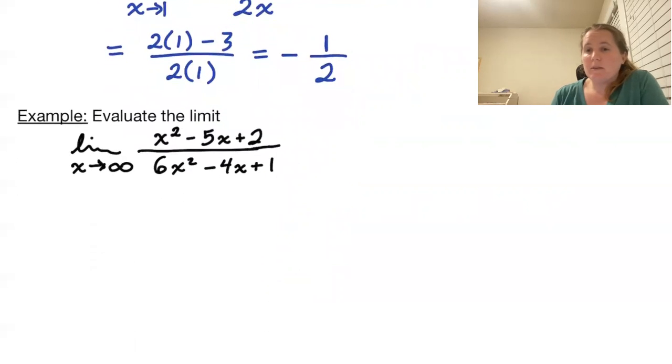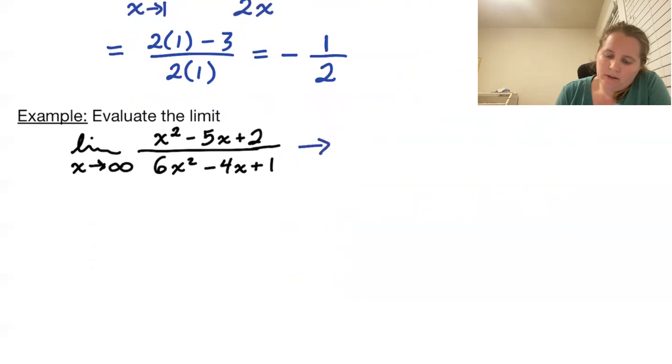Next up, let's look at limits at infinity. So if we wish to find the limit as x goes to infinity of x squared minus 5x plus 2 over 6x squared minus 4x plus 1, we could use our rules for the limit at infinity when we're dealing with rational functions, or we could use L'Hopital's rule.